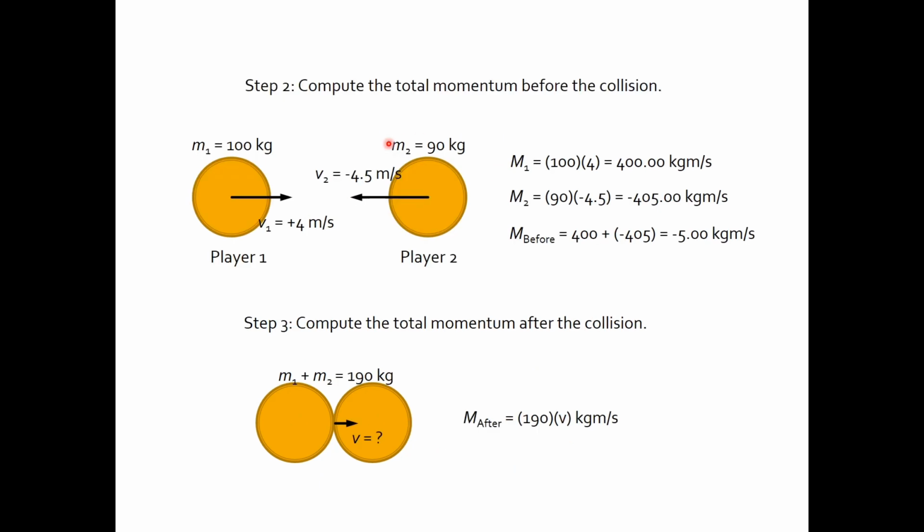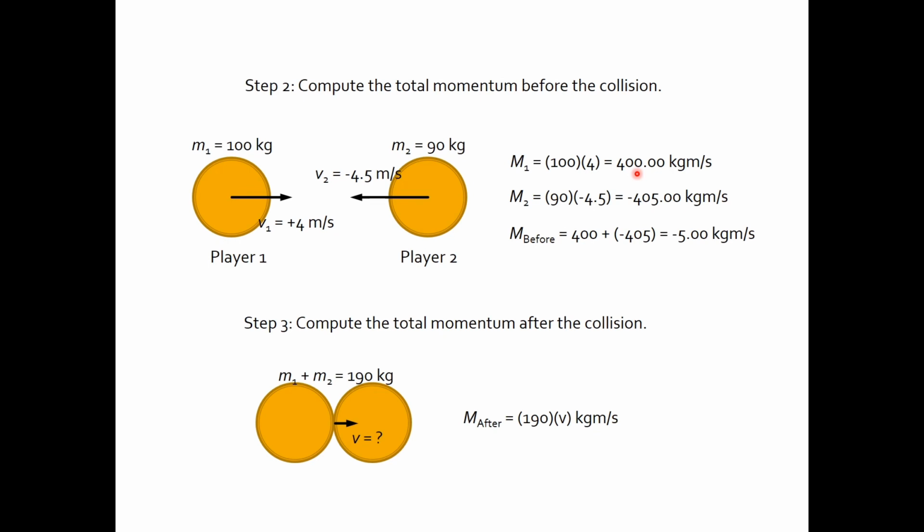Right here, step 2: compute the total momentum before collision. Okay, this is the total linear momentum before collision. So m1 is the momentum due to the first player, and m2 is the momentum due to player B, the second player. We multiply body mass by velocity, mass times velocity. That will be 400 kilogram meters per second.